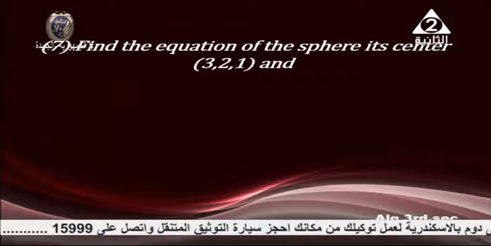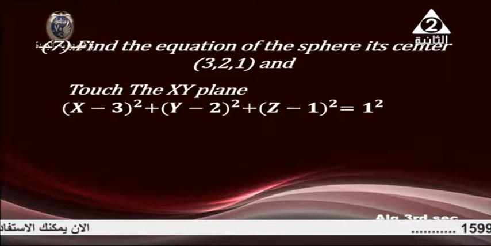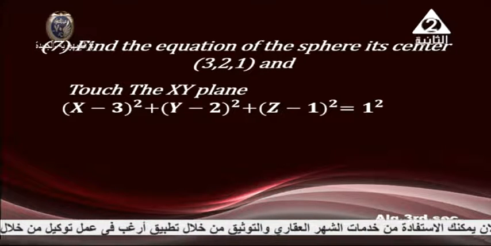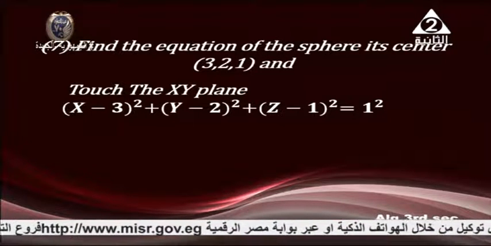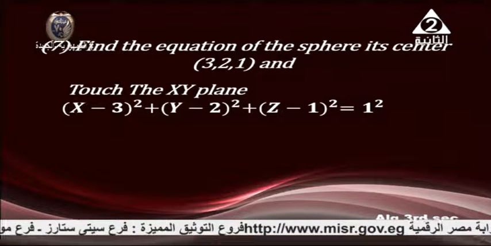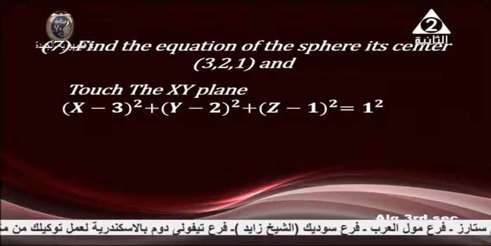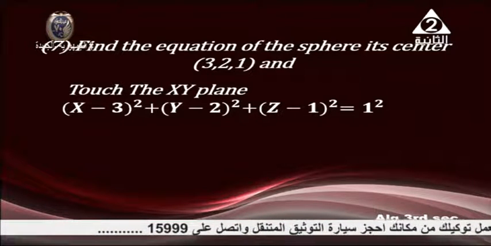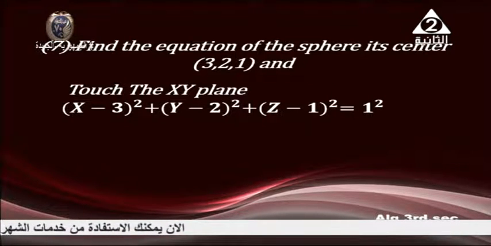Now we translate to another example. Find the equation of a sphere, its center 3, 2, 1, and touching the xy plane. What is the equation of the sphere? (x minus 3) to the power 2, (y minus 2) to the power 2, (z minus 1) to the power 2 equals r power 2 equals 1. Why? Because, my dear student, when a sphere touches the xy plane, r equals the absolute z coordinate.